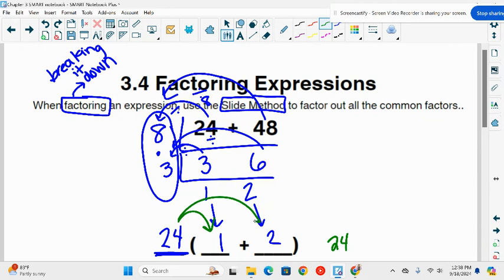What's 24 times 2? 48. Positive 48. I should, when I check it, get what I originally started with. If I don't, then I did something wrong. Okay, so you should always check to verify so it works out.